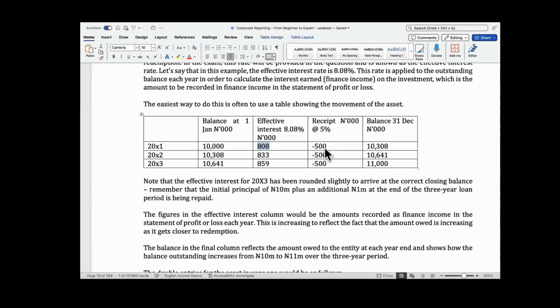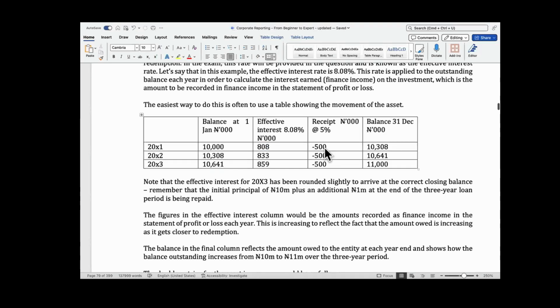That means the balance of our investment now is 10,308, which is the 10,000 plus the income of 808, out of which we got 500. So the investment balance is now 10,308.